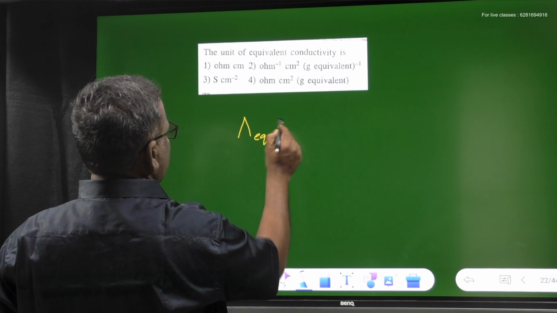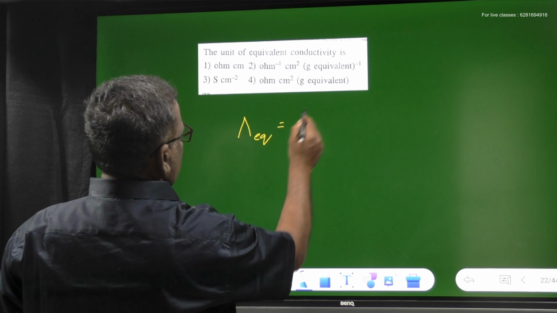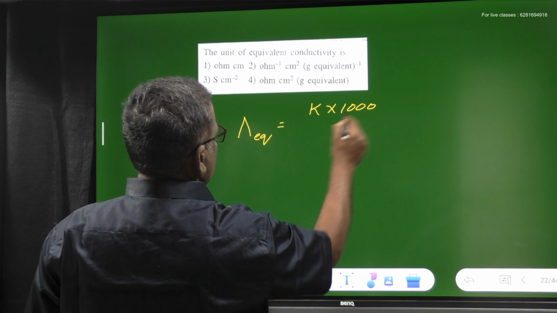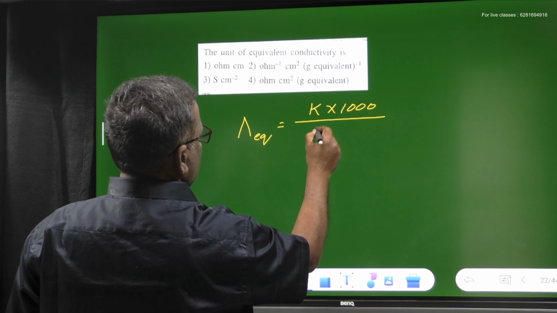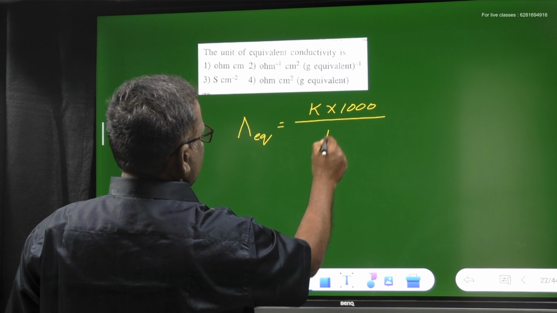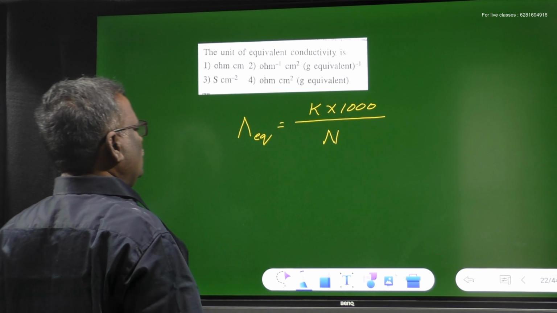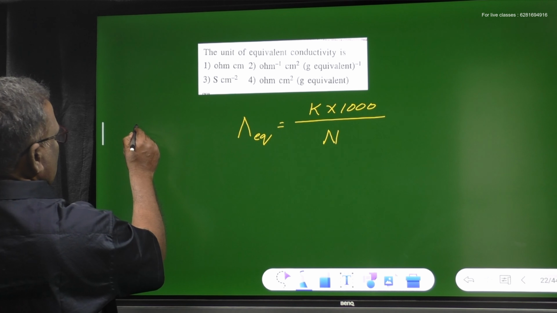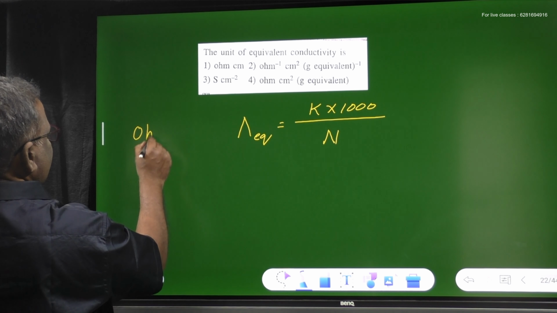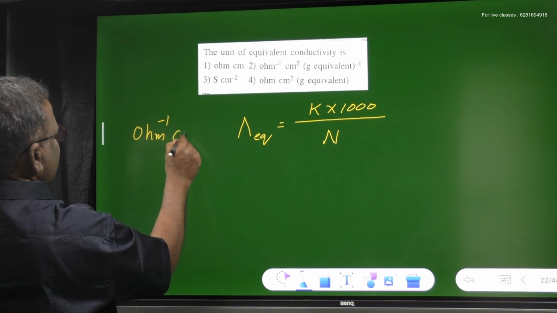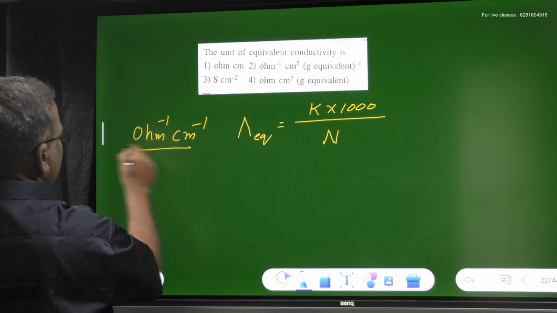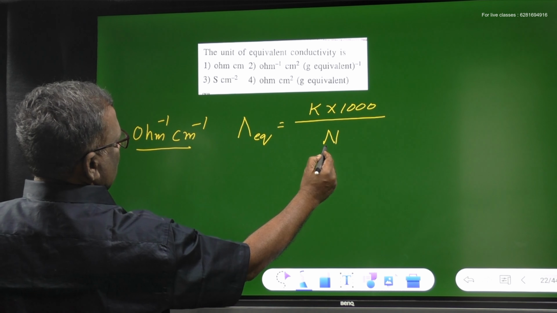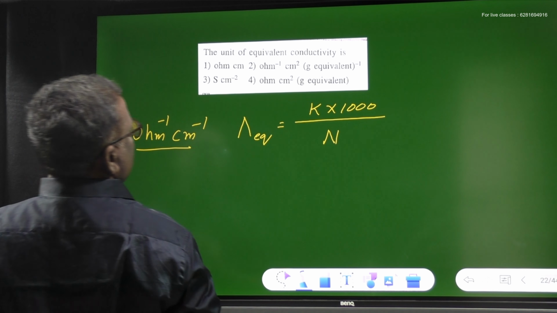Equivalent conductivity is equal to K into 1000 by N. Here the units for K are per ohm per centimeter.